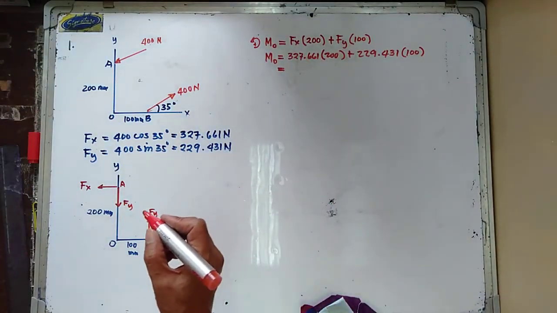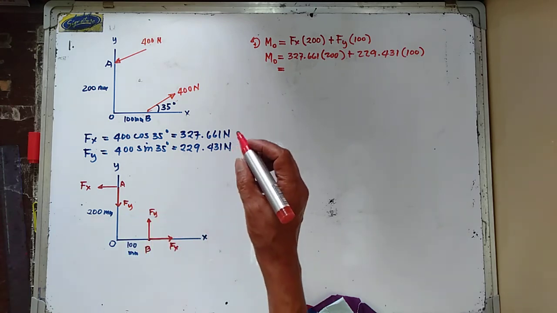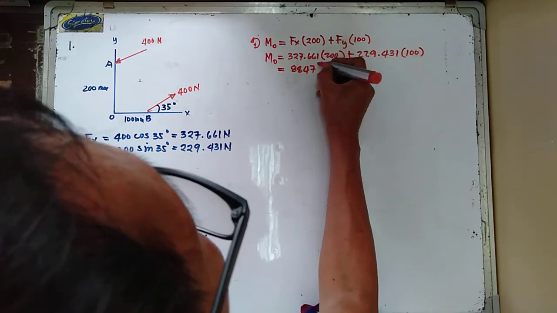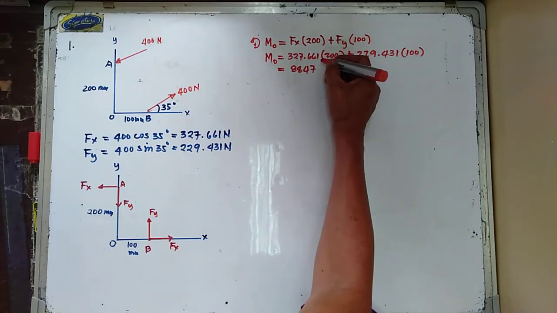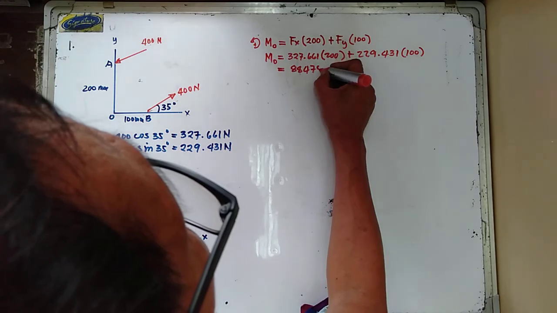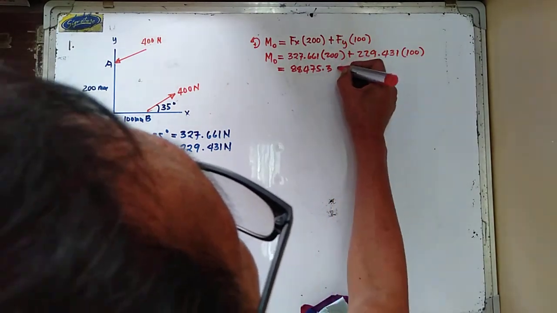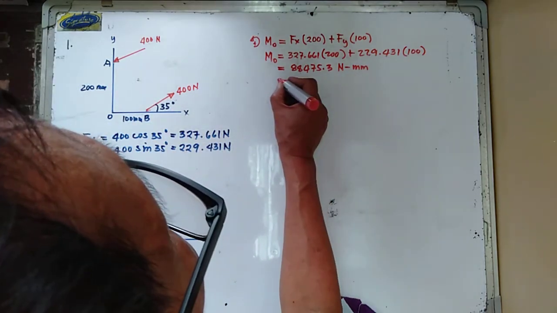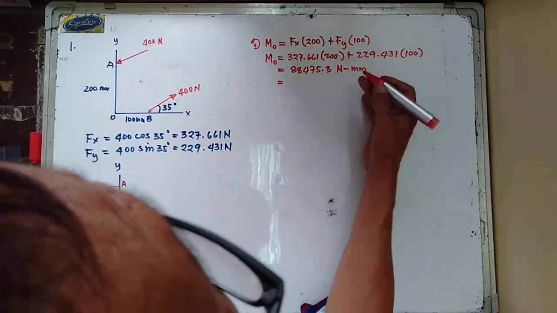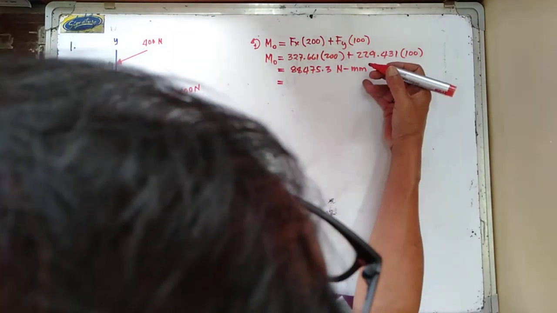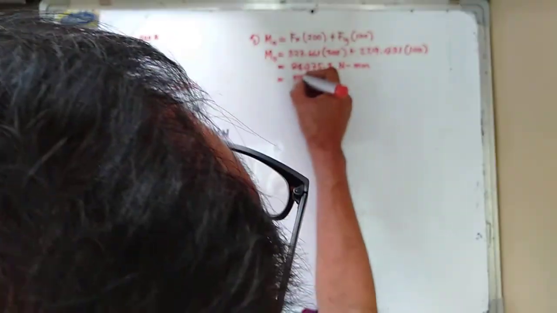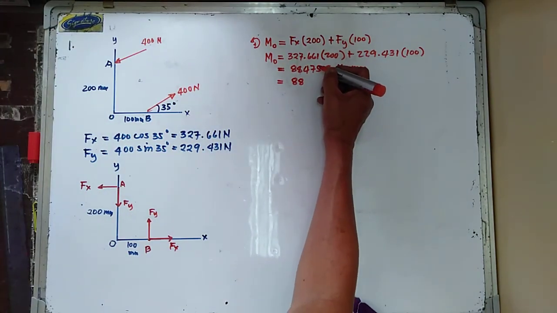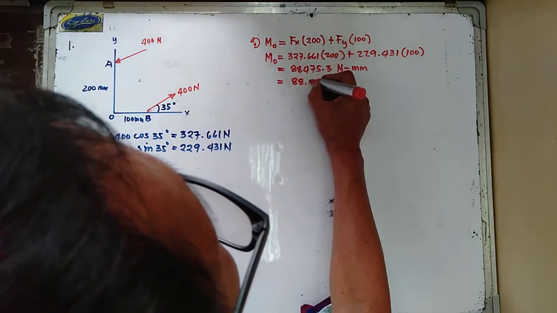And that is therefore equal to 88,475.3 newton millimeter. Or this is equal to, divide this by 1,000, since 1,000 mm is 1 meter, it will now become 88.4753.